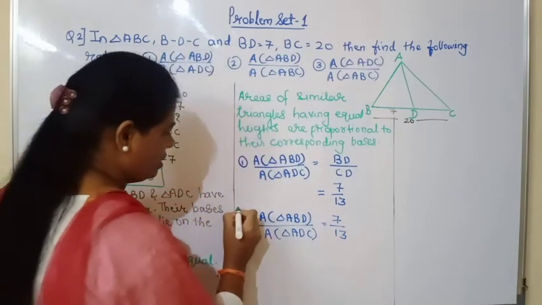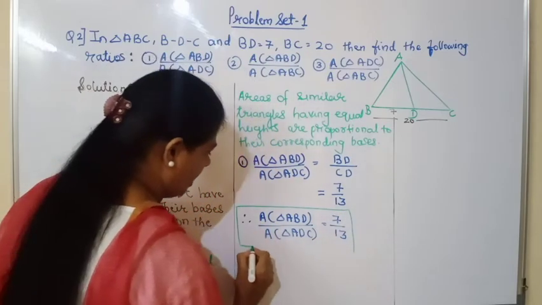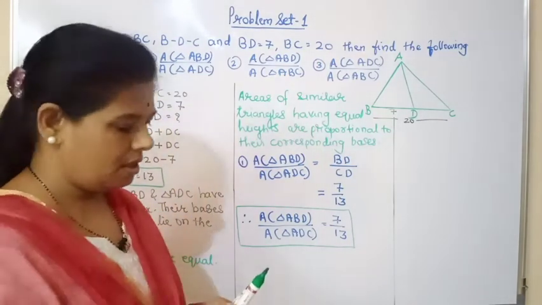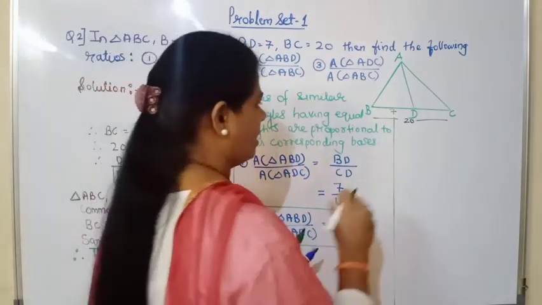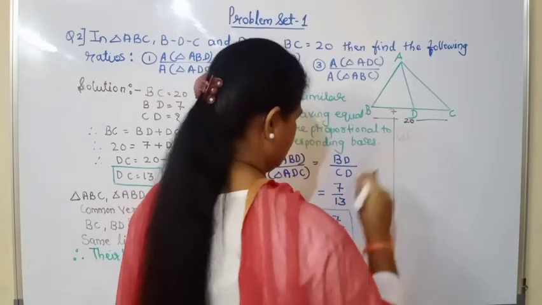So we got this ratio now. The first one we have calculated. Now we'll go towards the second one. What is the second now? Number 2, the ratio which we have to find.